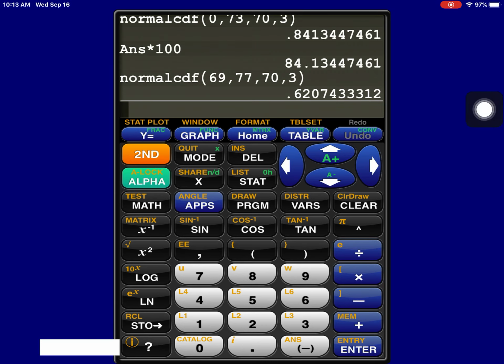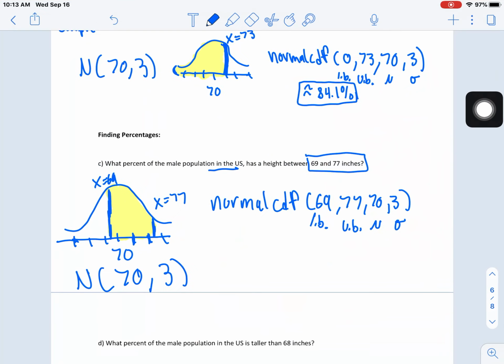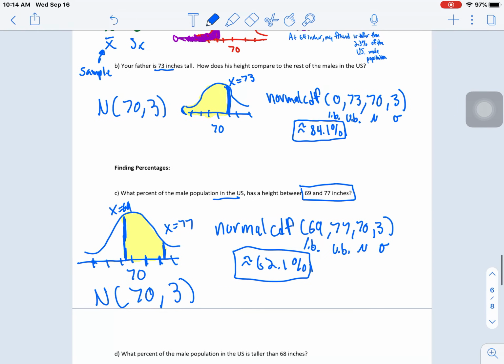And we have about 62.1%. So if I were to write a sentence for this one, about 62.1% of adult males in the U.S. have a height between 69 and 77.